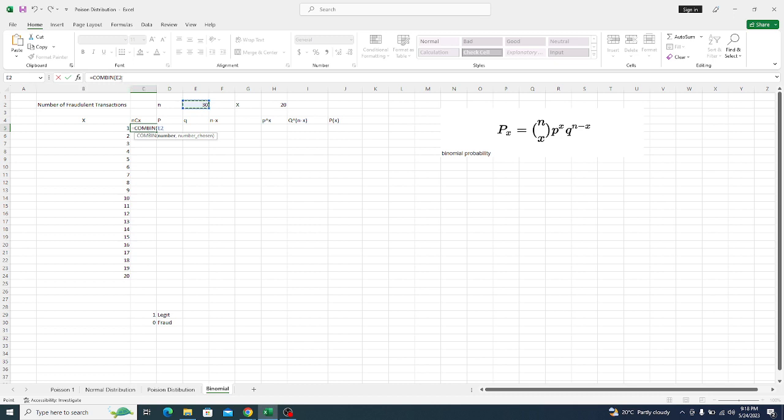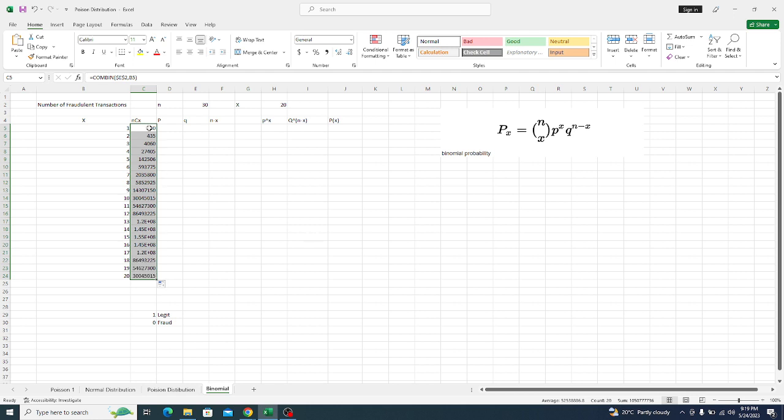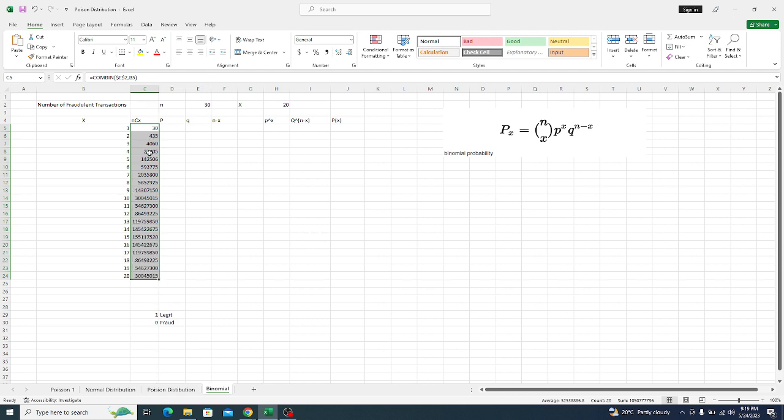I'm going to lock that cell, because I've just put it in a single cell, so we can always reference that cell. Then comma, the number chosen. Now we want to combine with x, n combine x, and then you can drag. So you can see this is our outcome in terms of combination.